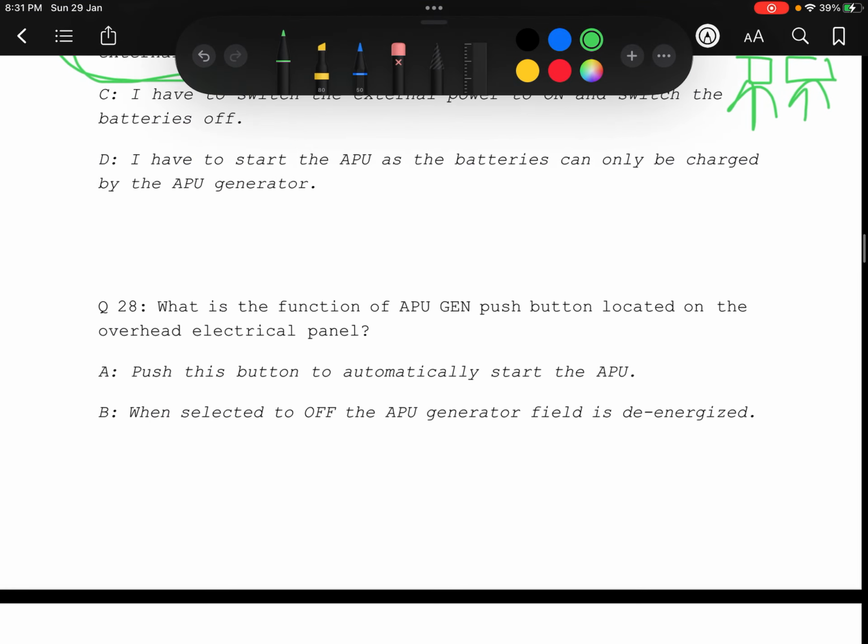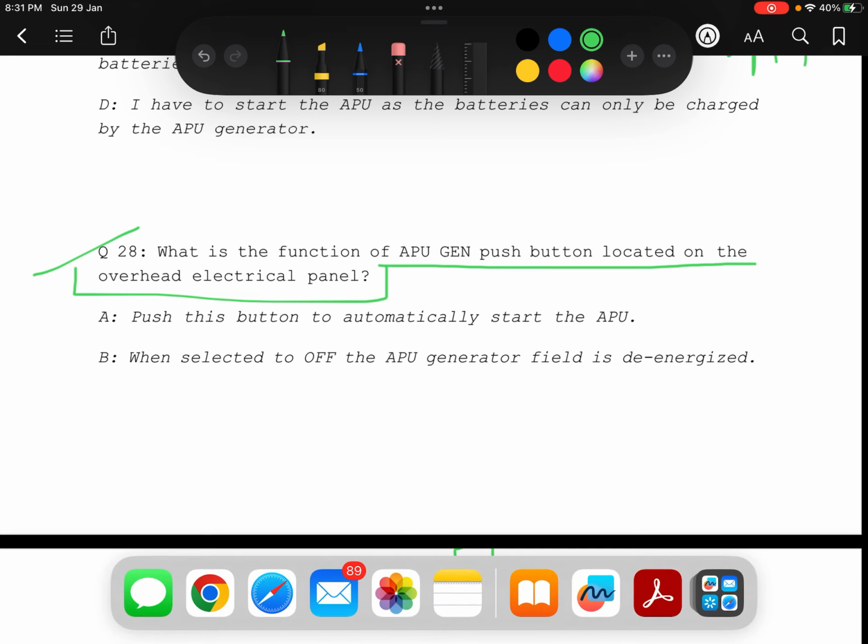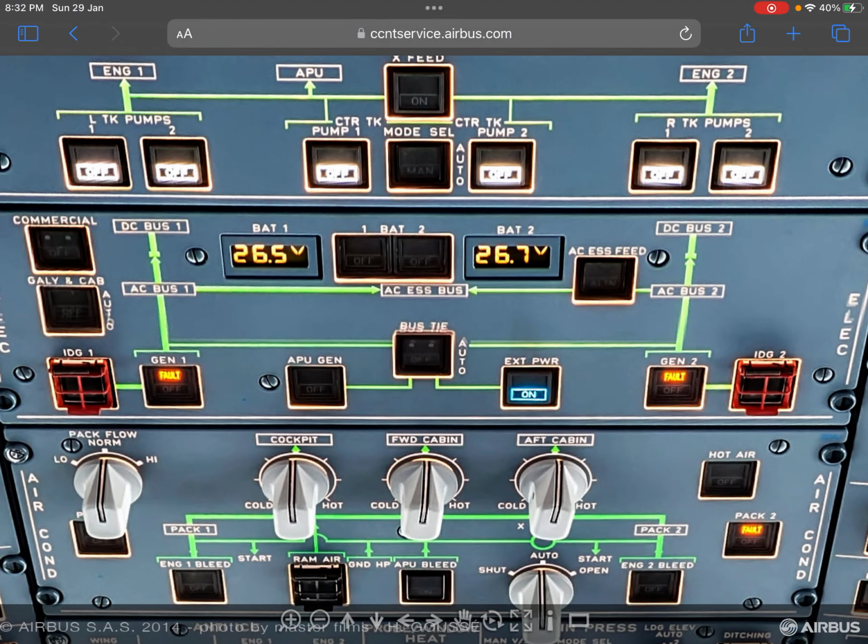Again, next question, which is 28th. What is the function of the APU gen push button located on the overhead electrical panel? What does it do? Basically this APU generator push button de-energizes the generator field. Which push button they are talking about, I'll show you.